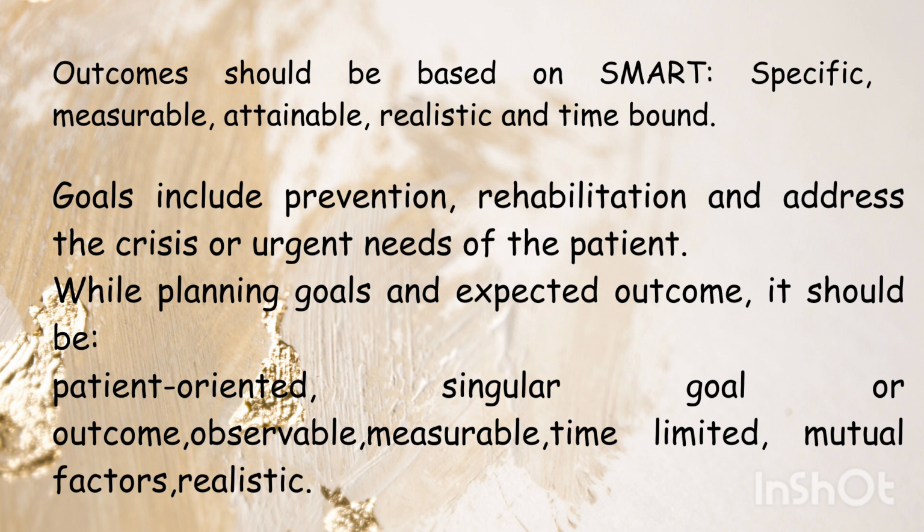So, goals include prevention, rehabilitation, and addressing the crisis or urgent needs of the patient. While planning goals and expected outcomes, they should be patient oriented, a singular goal or outcome, observable, measurable, time limited, mutual factor, realistic. So, next is implementation.